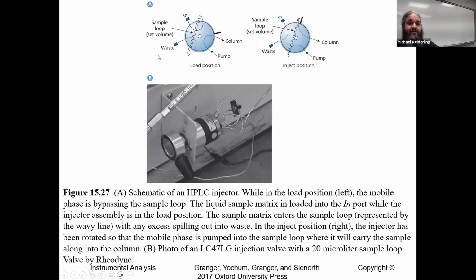And the injector has some sample loop with a fixed volume that you can switch into the column to feed, but you can feed it from the outside, or you can switch it in and feed it from the column and pump.